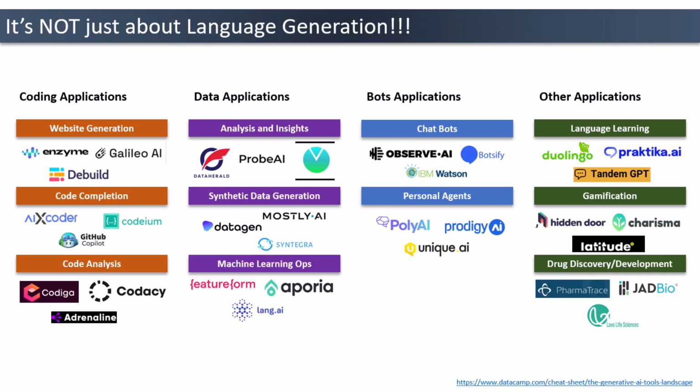And then a very new field, probably not applicable to all of us, drug discovery and drug development. I think we saw that with our COVID vaccines, but that is also a growing field. So we're not just talking about text-based AI for generative AI. We're talking about an entire field worth of generative AI systems, and there are more coming online every day.